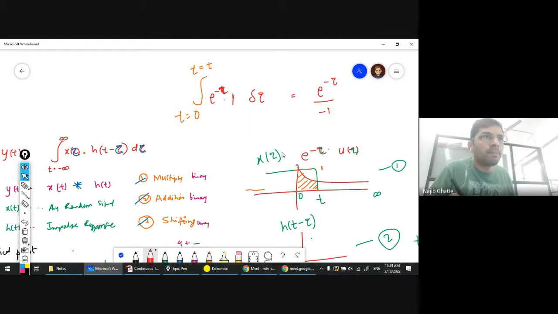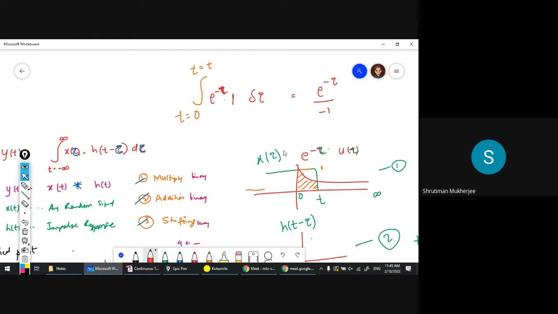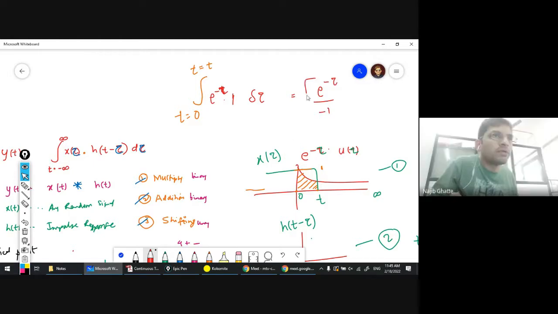Sorry, I have not put the limits. Now I need to put the limits, t ranging from, I will write over here, tau equal to 0 to tau equal to t.